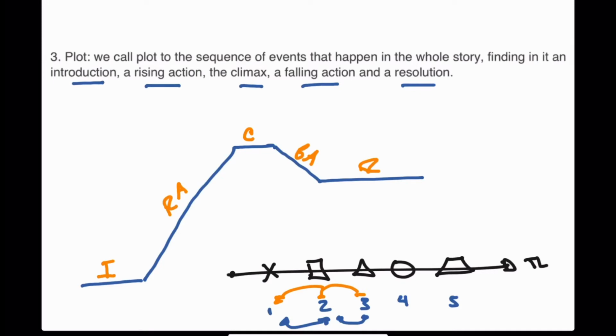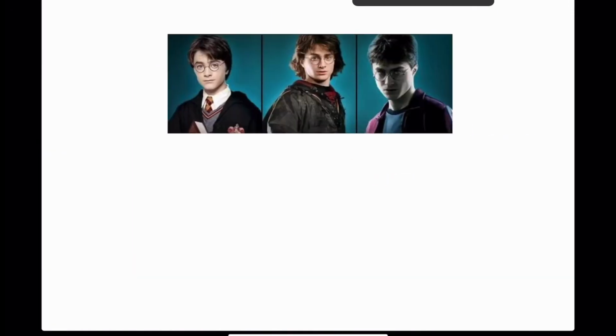Now, according to our examples, we can talk about this guy. Do you remember? We were talking about Harry Potter. And we can see in this sequence of pictures an evolution of the character from the first movie up to the last one.